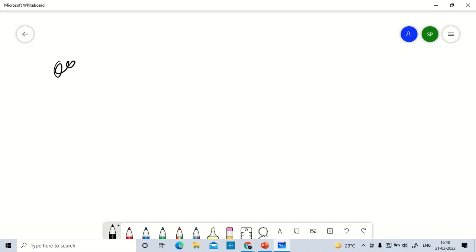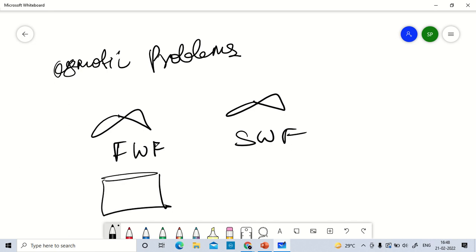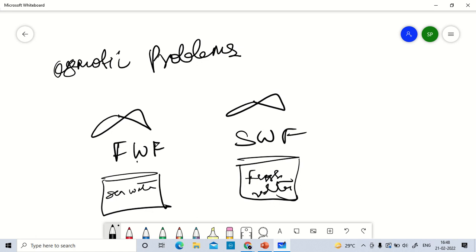osmotic problems. What will exactly be the osmotic problem if I take a freshwater fish and a seawater fish, and I put the freshwater fish in seawater, and the seawater fish in freshwater? What will happen? We know hypertonic solution, right?